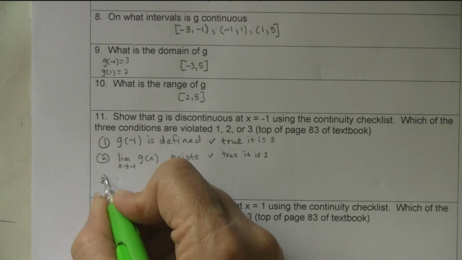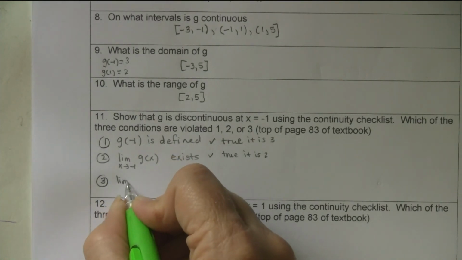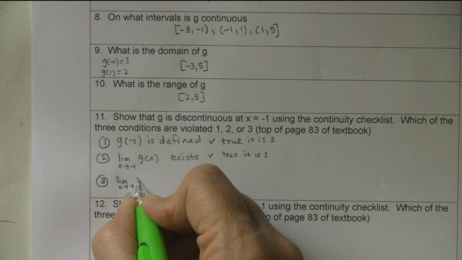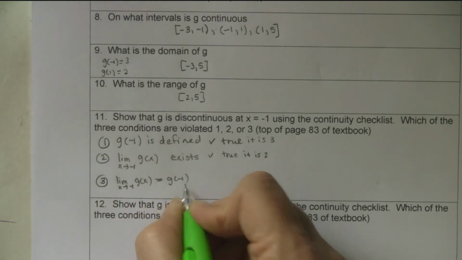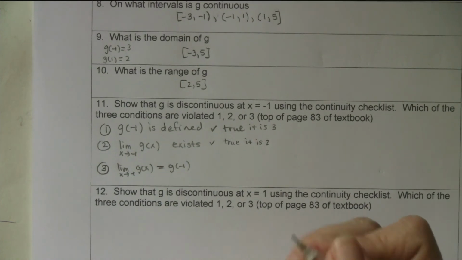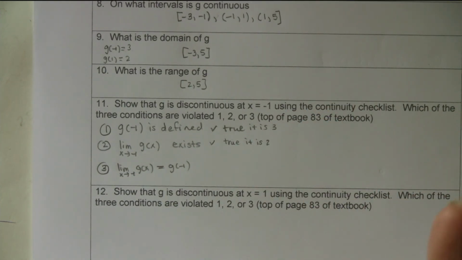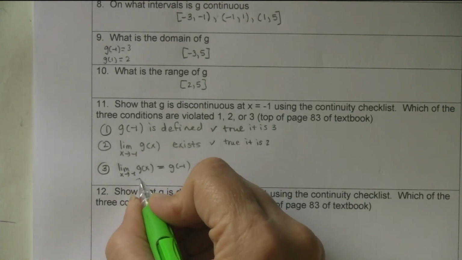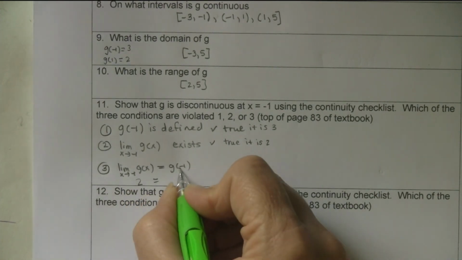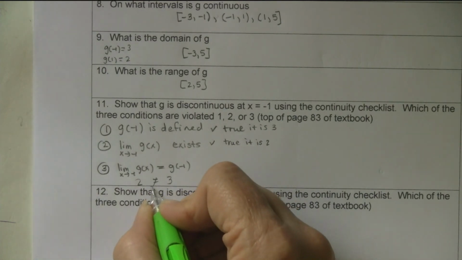The third says that the limit as x goes to -1 of g of x would equal g of -1. And that's where we know one of them's not true. I told you it was discontinuous, so it fails one of these 3. Since it met the other 2, it's got to fail this one. And we can see that it does, because the limit is equal to 2 and g of -1 is equal to 3, so they're not equal.